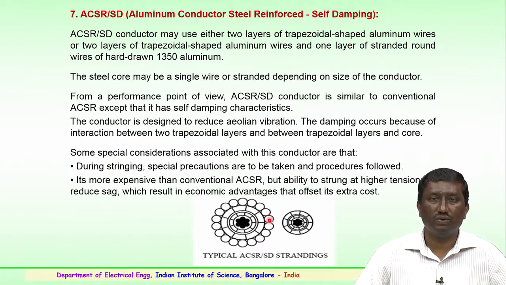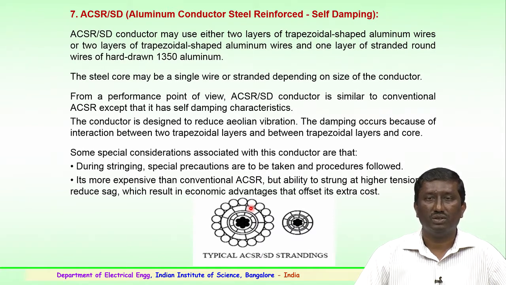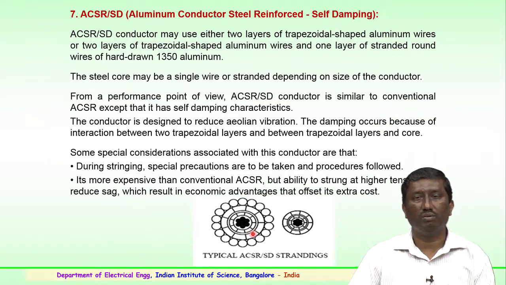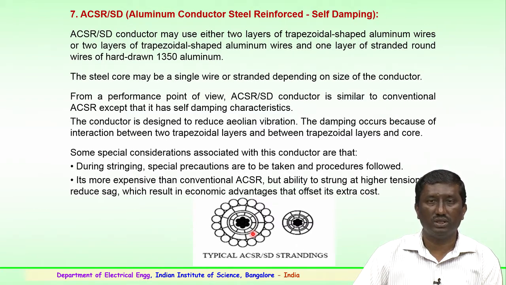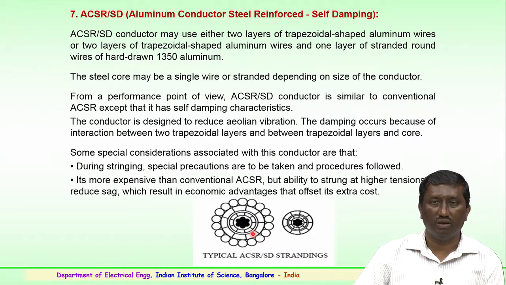So, in case of aeolian vibrations, these damping characteristics will help the conductor so that the oscillations are damped or reduced because of this arrangement. So, the damping occurs because of interaction between 2 trapezoidal layers, which is happening here, and between the trapezoidal layers and the core, that is a steel core inside. So, this will be helpful for damping the oscillations mainly because of aeolian vibrations.